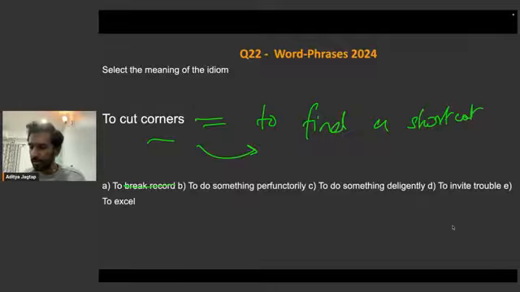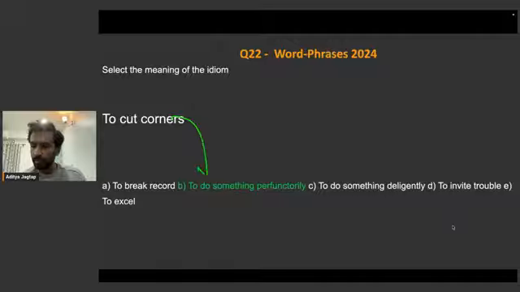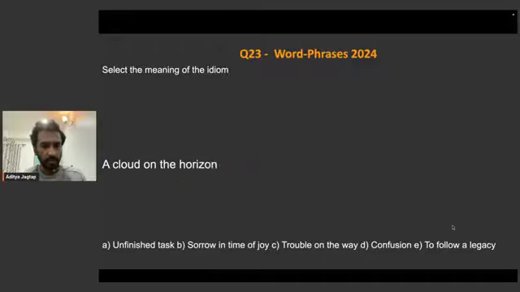To break the record won't be it, to do something diligently obviously won't be it, to invite trouble sort of it could be, but not the right answer. To excel is incorrect. So to find a shortcut would be to do something perfunctorily, to not truly do it in any duty-bound fashion, in a lackadaisical way, without adhering to one's duties. B is the right choice.